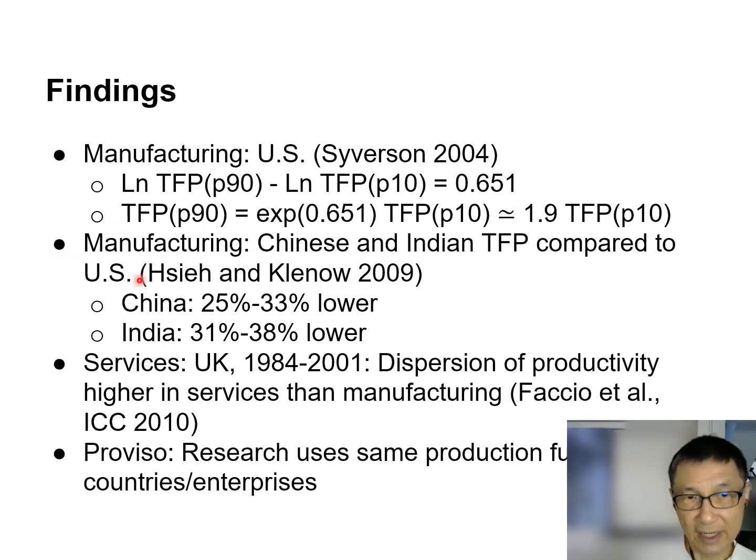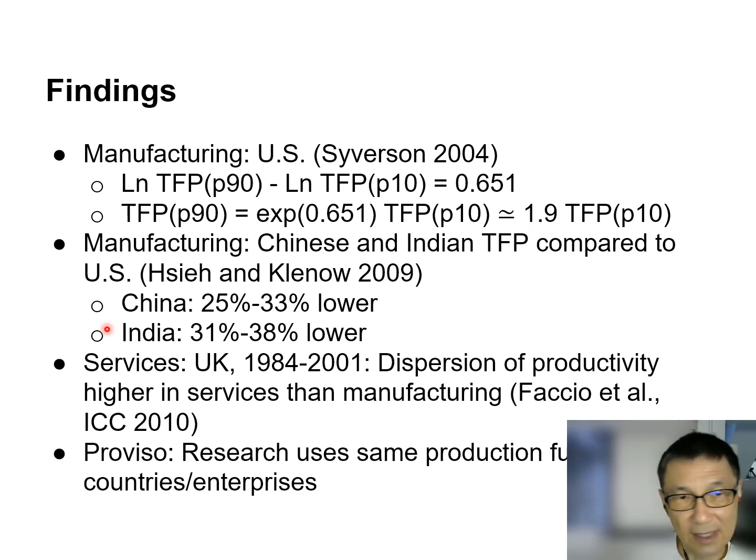The second piece of research also focuses on manufacturing. It's done by Chiang Tai-hsieh and Peter Klenow and published in 2009. They studied manufacturers in China and India compared to the US. The broad conclusion is that manufacturers in China were 25 to 33% lower in TFP than those in the US, while manufacturers in India were 31 to 38% less productive than those in the US.